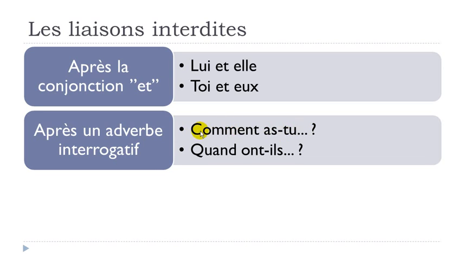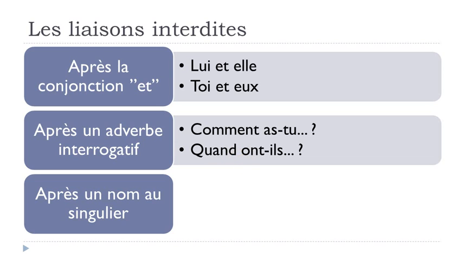In that case, remember that if you start with an adverb like here, avec un adverbe, don't make the liaison. So you don't say comment as-tu? No, nothing here. Comment as-tu? Exactly the same thing here. Quand, when, and then ont-ils. Quand ont-ils? So you don't make a liaison here between the two. That was the second rule.